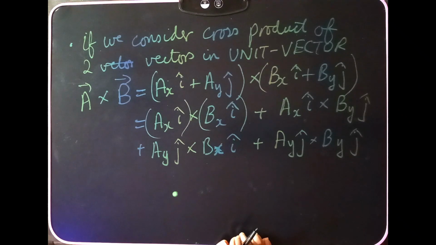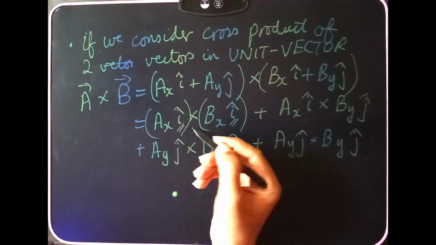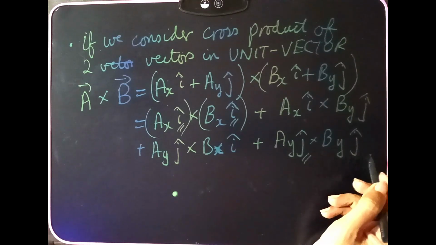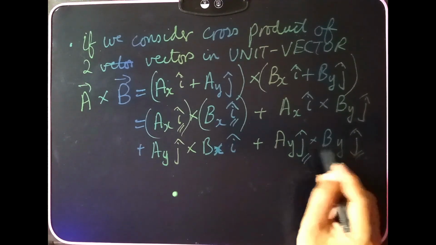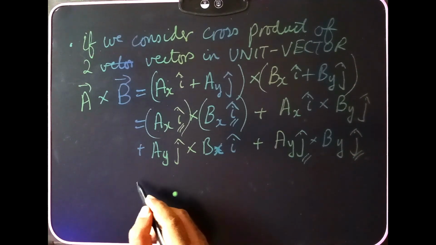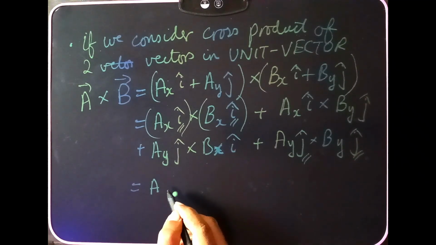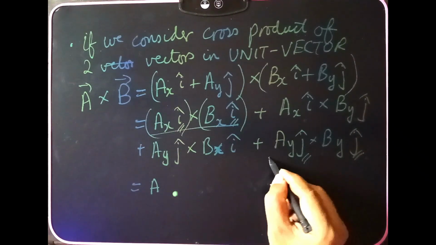Okay. Then the terms containing i and i, or j and j, will be 0. The cross product of parallel vectors is 0. Therefore, this term will go and this term will go.